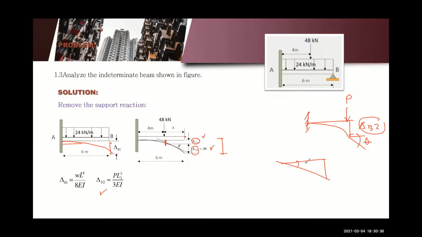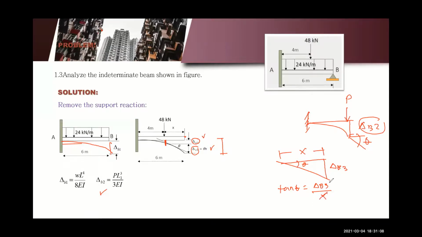If this is theta, the opposite is delta B3. And then this is your distance, x. We can just use the tangent function. Tangent theta is equal to the opposite, delta B3, over the adjacent, which is your x.